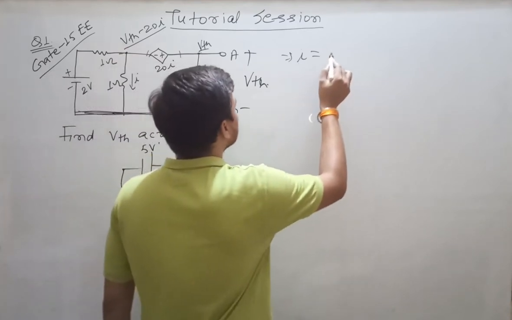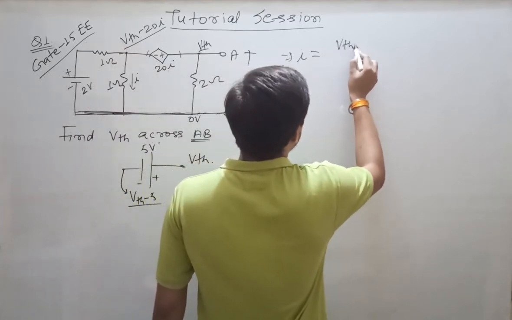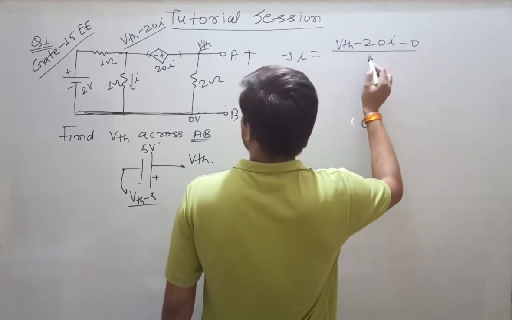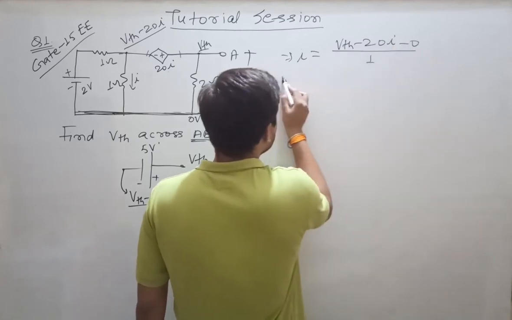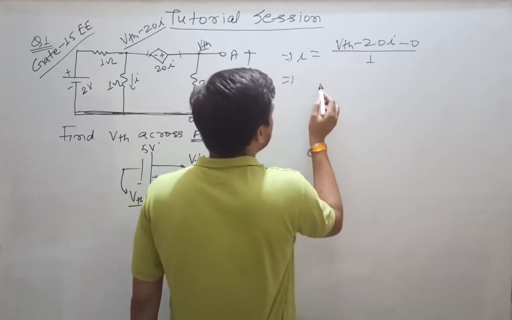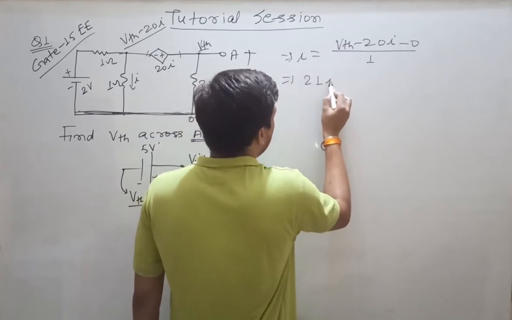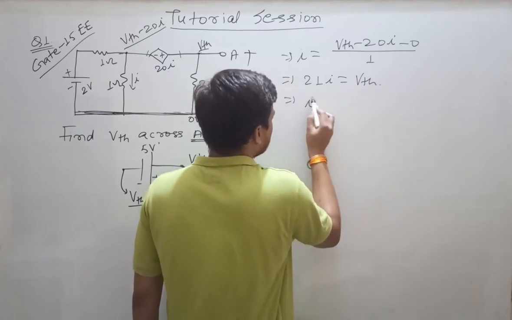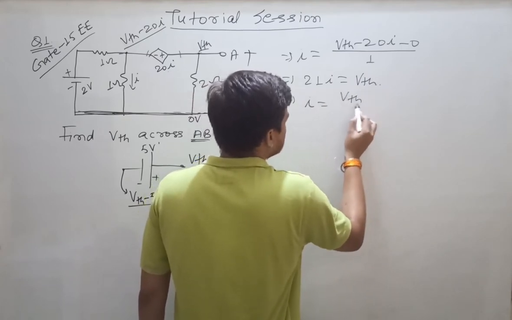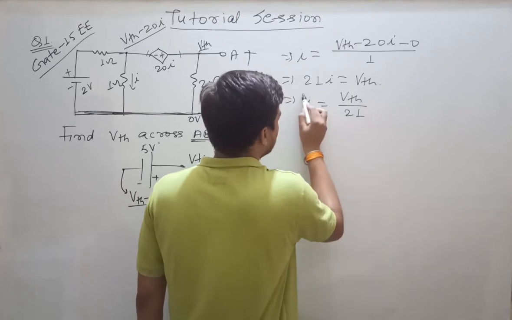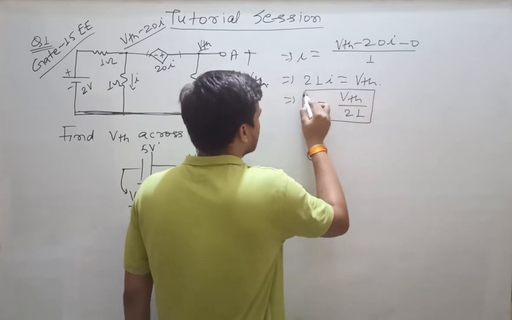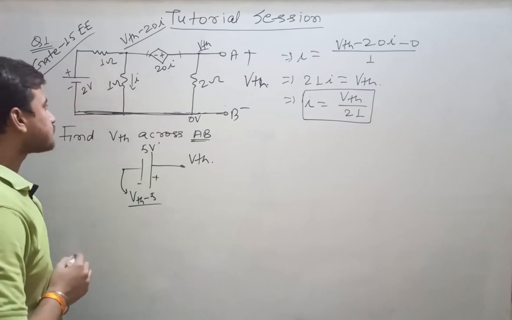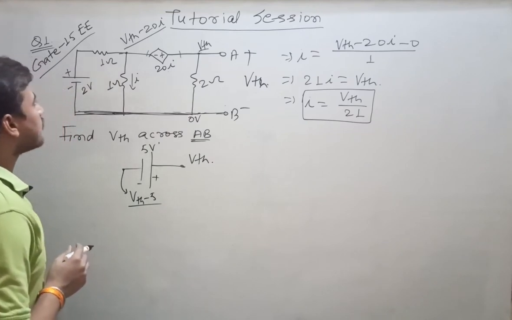So current will be equal to (VTH minus 20I minus 0) divided by 1. That means from here we can write 21I equal to VTH. That means I equals VTH divided by 21. Clear? Now we got the value of I.